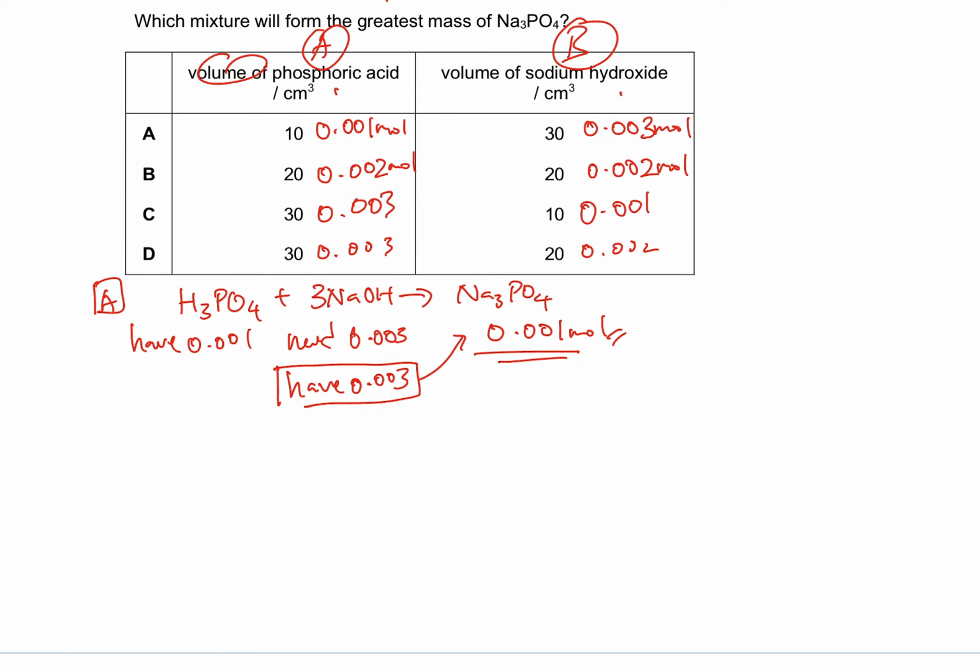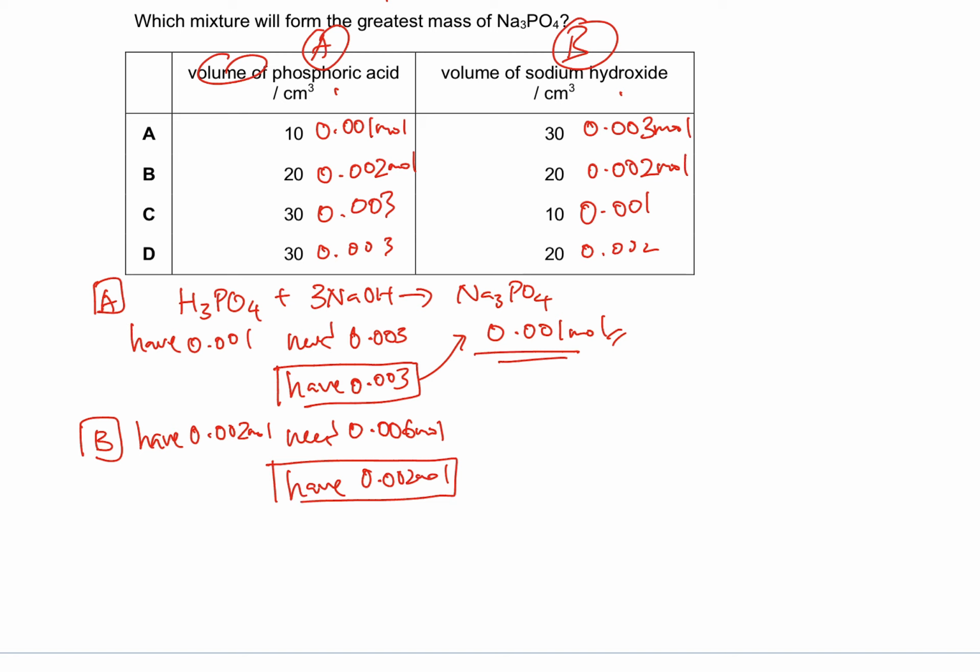Okay, now I need to calculate for option B. You need to calculate it one by one. Okay, please don't be lazy. So have, need, have. So for option B, I have 0.002 moles. Therefore by mole ratio, I need 0.006 moles. But I only have 0.002 moles. So therefore it shows that the sodium hydroxide again is limiting.